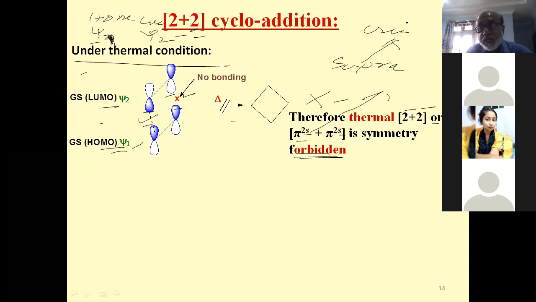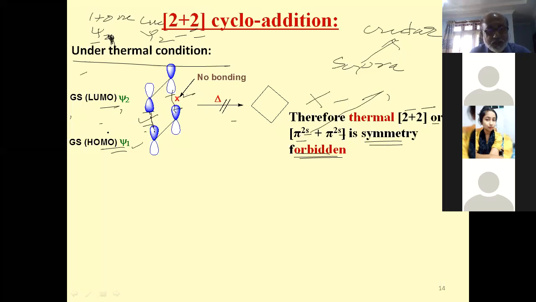Antara, not enter, antarafacial. Suprafacial and antarafacial. Supra means the same side, and antara means the opposite side. Here, same side and same side, if they approach, it is not symmetric. So supra addition is symmetry forbidden.